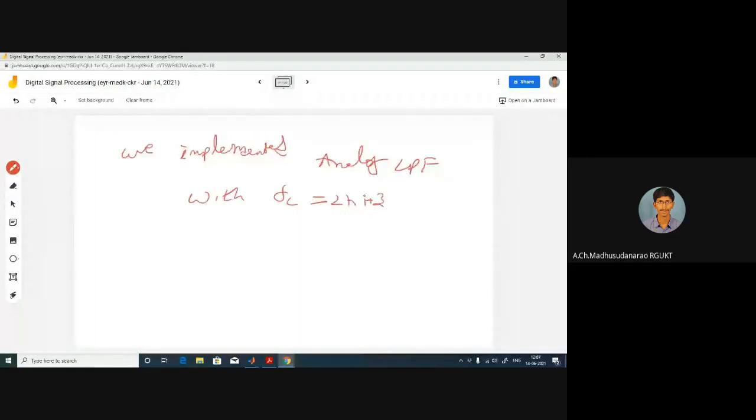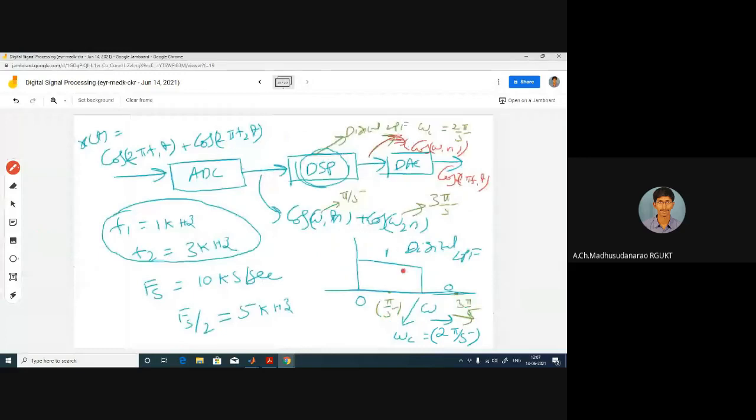We implemented an analog low pass filter with the help of a DSP, a digital filter. This entire block is trying to behave like an analog low pass filter with a cutoff frequency of 2 kilohertz. That's what we had done there.